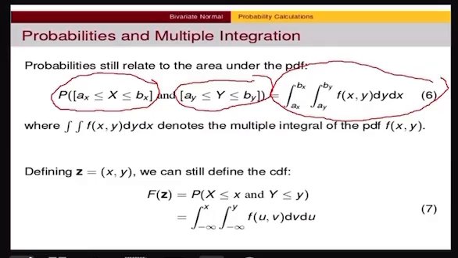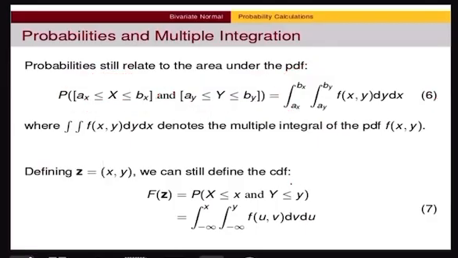Okay, now, if we are doing that, we're also going to have a cumulative density, just like the cumulative density we had on Monday when we were focusing on univariate. The cumulative density accumulates from a lower point to a point x, and from a lower point to a point y.